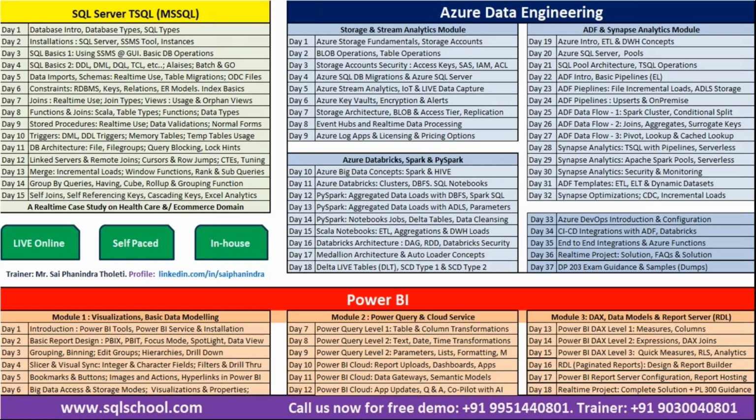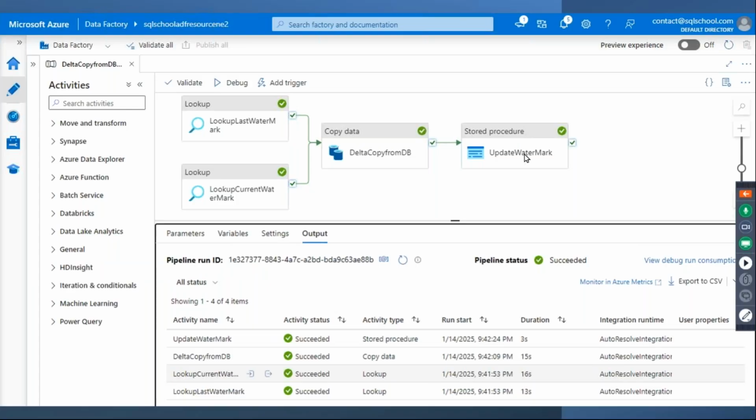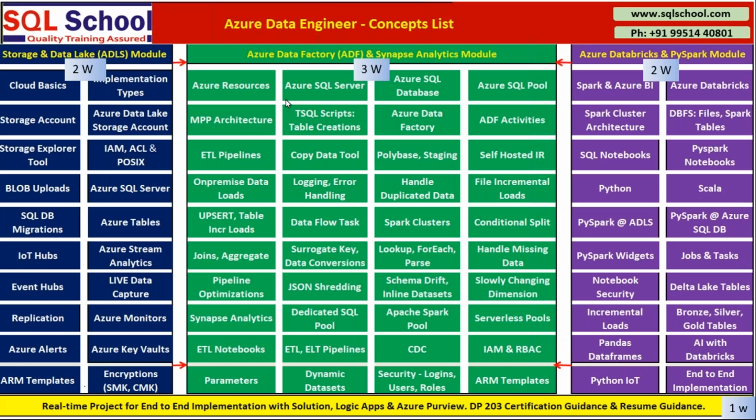Now, what we are going to learn in our core data engineering classes, we are going to have total 3 different modules in the 7 weeks journey. So plan for 2 months, 7 to 8 weeks.